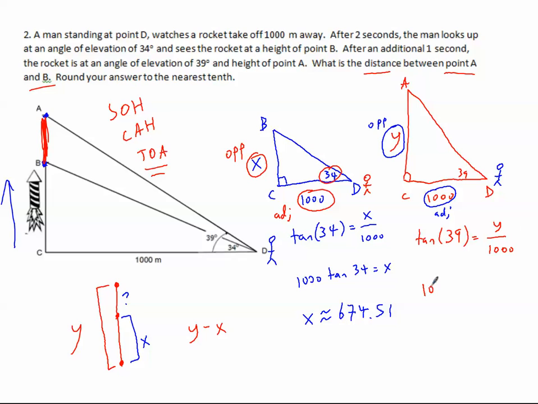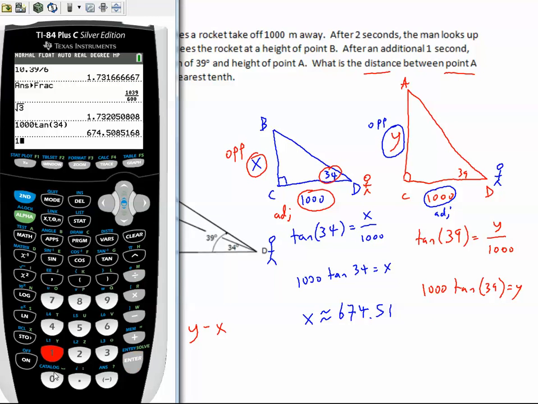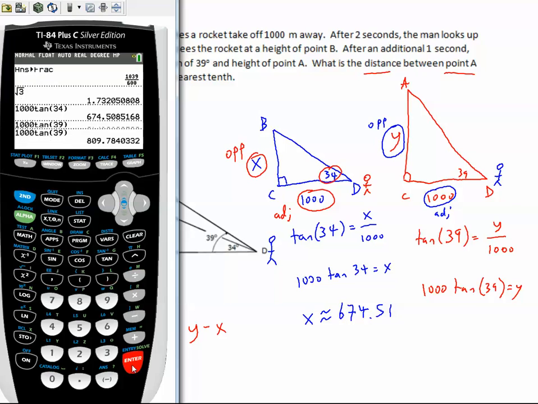Multiply by the 1,000. Plug it in your calculator. Approximately 809.78. 4 is not big enough to round up the 8, so 0.78 is exactly what we're left with.